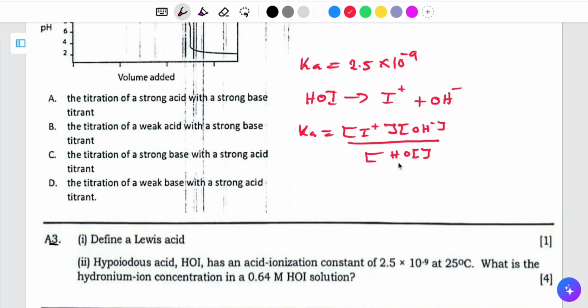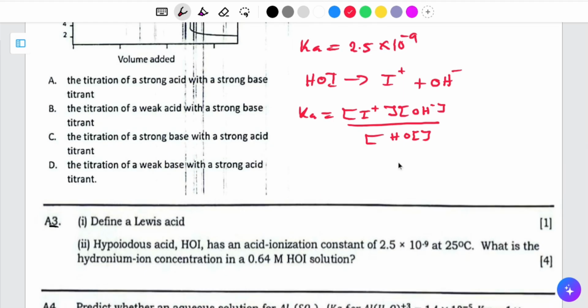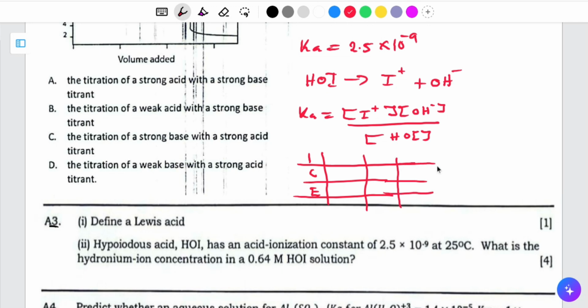So if we write the ICE table here, for the first part we have the acid, and in the second part we have the iodide ion and the hydroxide ion. At the start, the question is saying the concentration of the acid here is 0.64, and the products are 0.